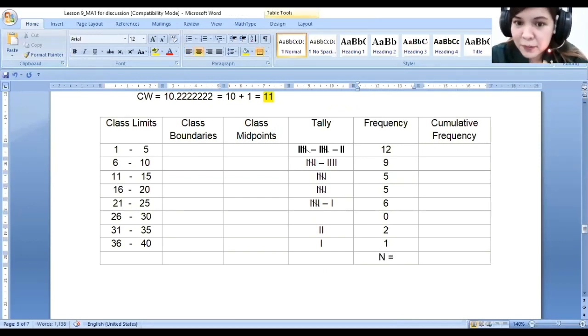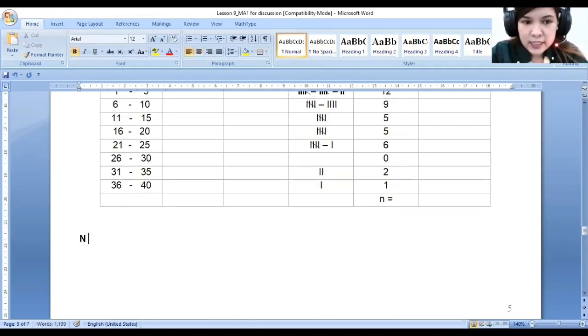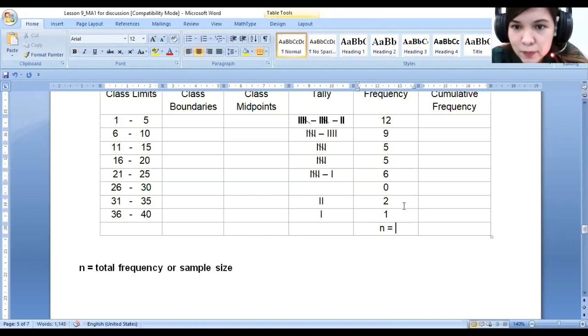Kasi yung n, ang ibig sabihin ng n, dapat small letter, total frequency ang ibig sabihin nun, o kaya naman sample size. Okay? So, ang total natin, pag inadd natin to, 12 plus 9, 21 plus 10, 31, 37, 39, 40.